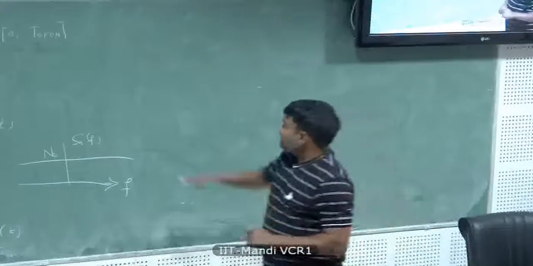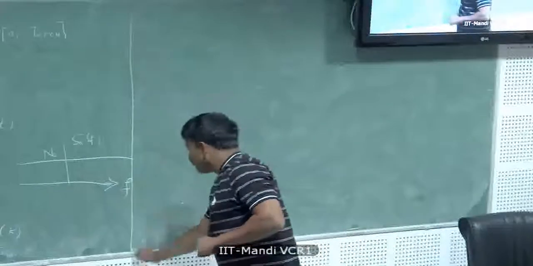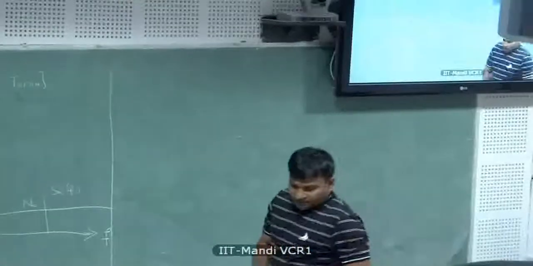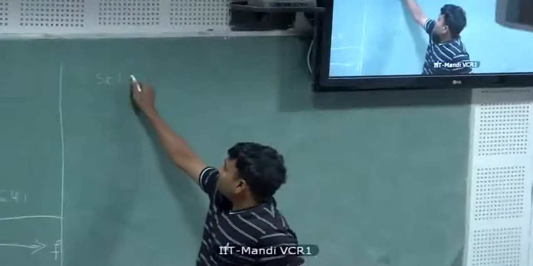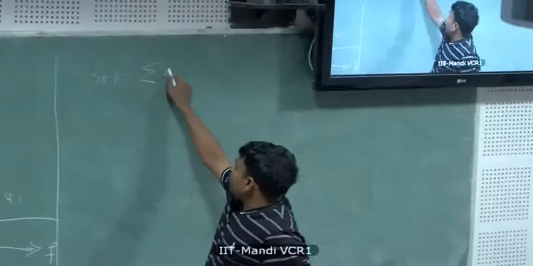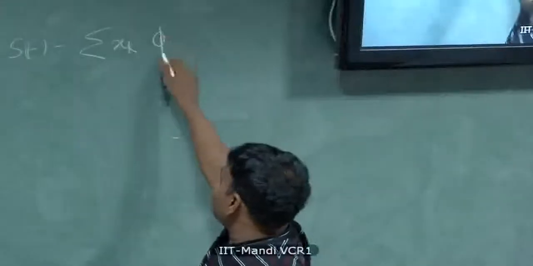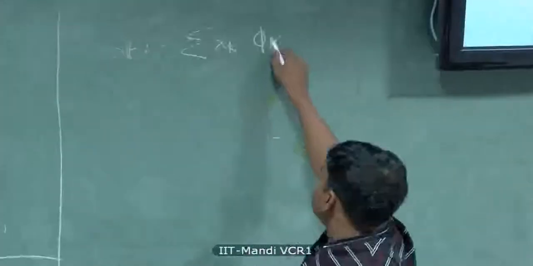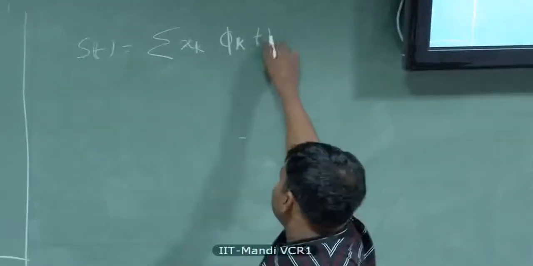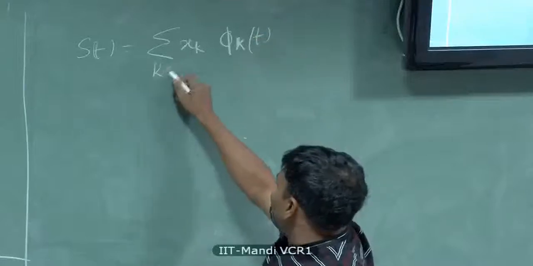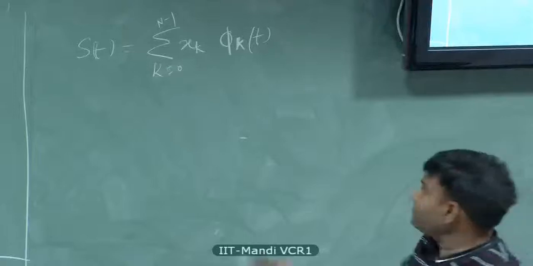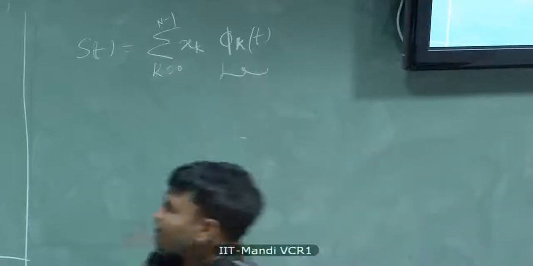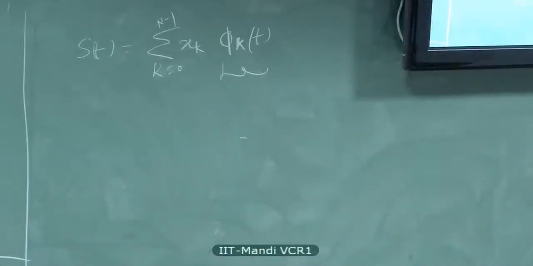Okay. So let's build the receiver. s of t can be written as sigma xk phi k of t. What is phi k of t?